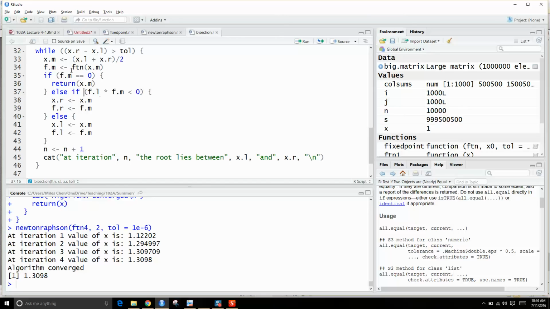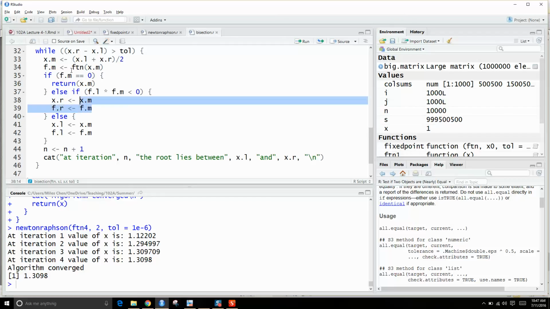Otherwise, if the function at the left times the function at the midpoint is less than 0, then the function crosses 0 on the left-hand side of the midpoint. That means we assign the new right-hand side of our interval to be the midpoint, and the function at the right-hand side is the function at the midpoint.